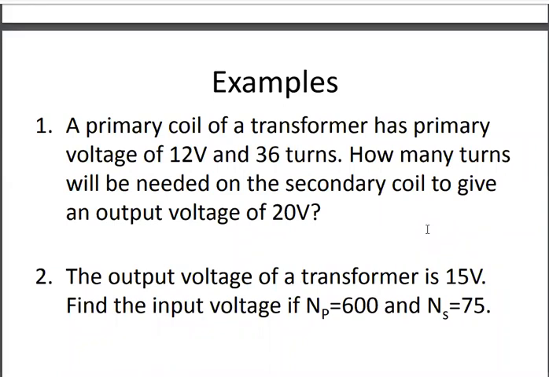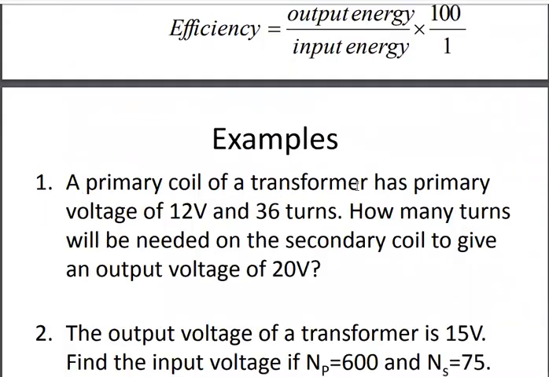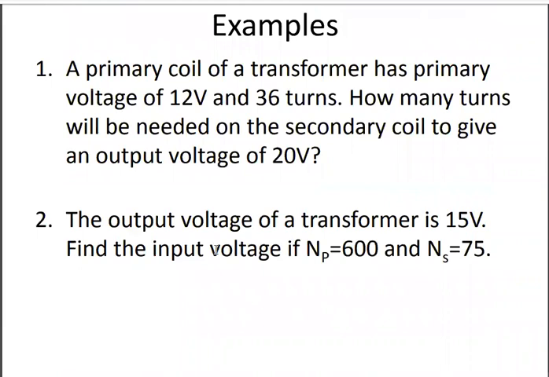So you will get 20 divided by 12 into 36 equal to 3 into 20, that is 60. That is Ns equal to 60. Number of turns in the secondary coil must be 60. So this type of transformer must be a step-up transformer.